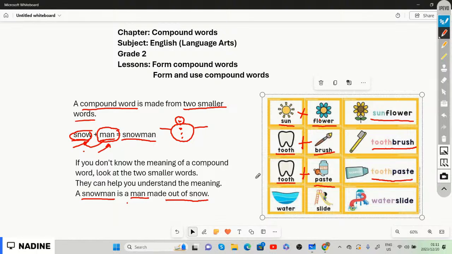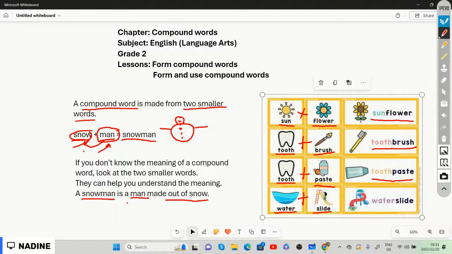And then we have another example, which is water, a liquid, plus slide.